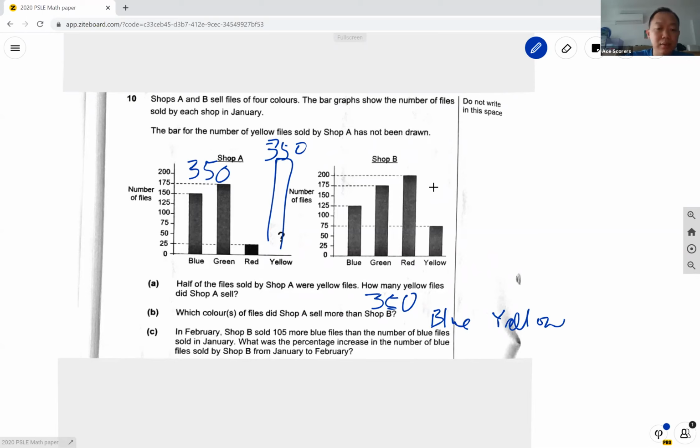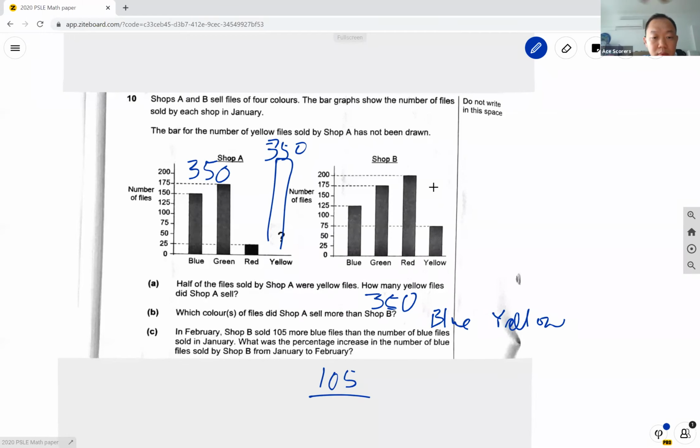Okay, so percentage increase, 105 more. Now we're going to have 105 more blue as compared to the number of blue files sold. So the increase is 105.